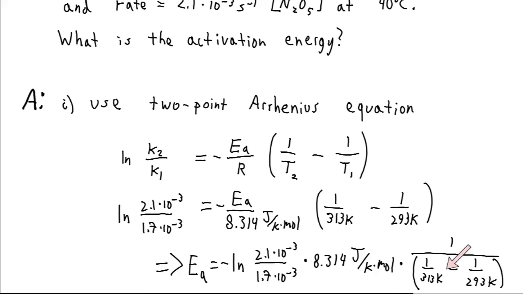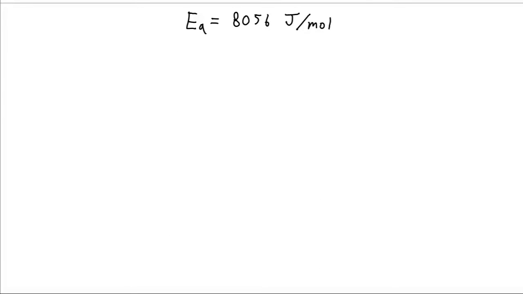So we'll have to do this over here. And when we do that, we will get kelvins up in the numerator eventually, so that will cancel out these kelvins, and we'll be left with units of joules per mole. When I multiply those all out, I get an activation energy of 8,056 joules per mole.